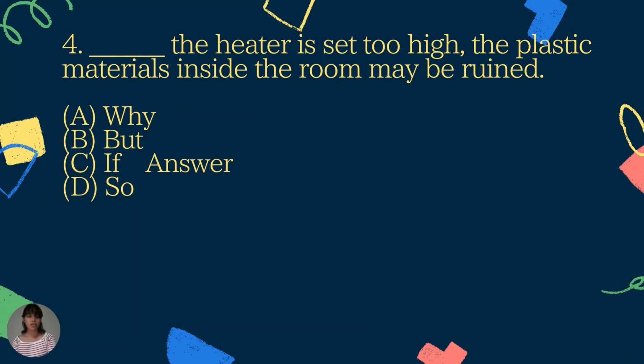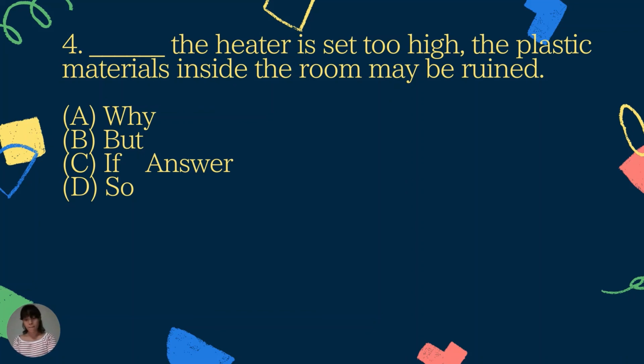B, C, and D are all conjunctions. Although B, but is used to connect two statements or phrases when the second one adds something different or opposite to the first statement. In this case, we have two clauses. We have two statements. The heater is set too high and the plastic materials inside the room may be ruined. So those are your two statements.